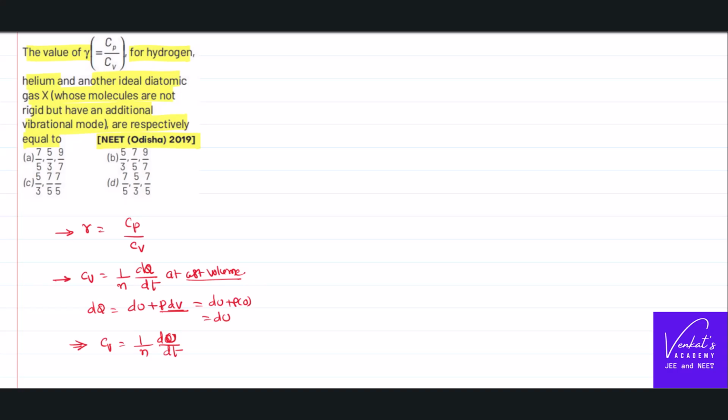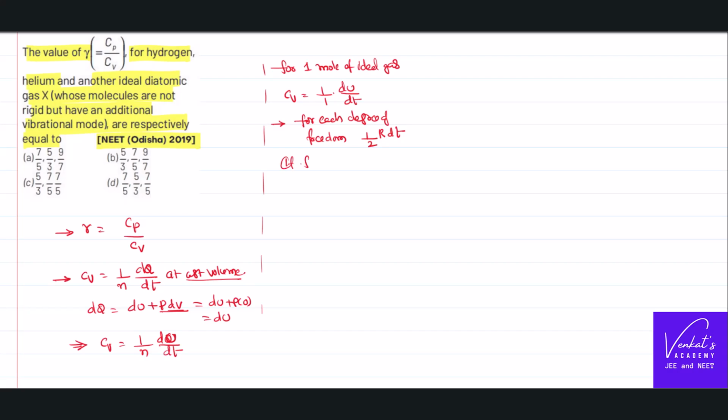Right? Now I can further write, for 1 mole of ideal gas, Cv equals 1 by 1 du by dt. According to the energy distribution, for each degree of freedom, there is an internal energy equal to half of R dt.